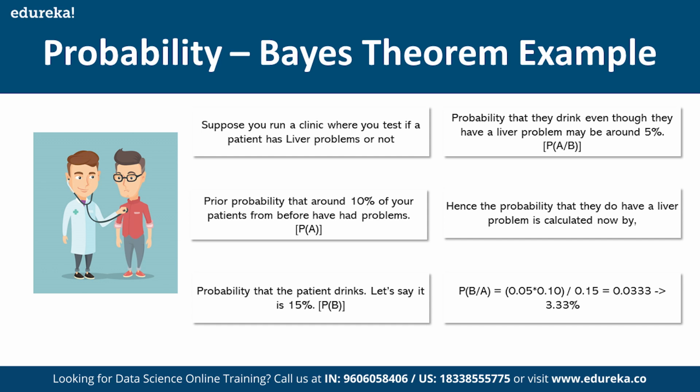And the probability of liver disease if the patient drinks is 15%. So we will find P(B|A), that is, the probability of liver disease if the person drinks every day. So this is just a small example where we are discussing the probability of one event provided another event happened in the past.